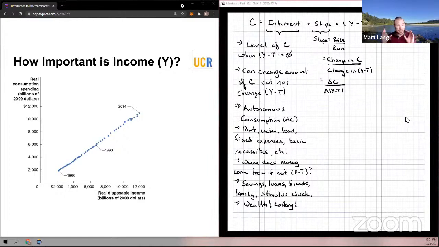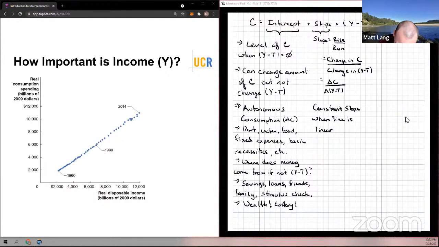So we can do this, right? We can have this slope be just the change in C over the change in Y minus T, because our slope is constant. We can set it up this way because our slope is constant. So we have a constant slope when our relationship is linear.